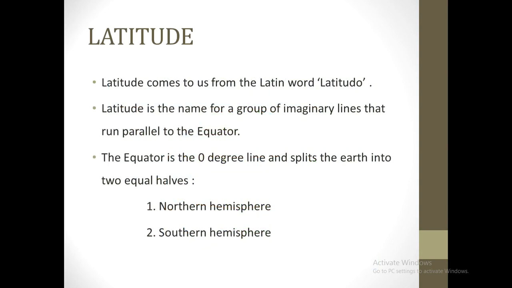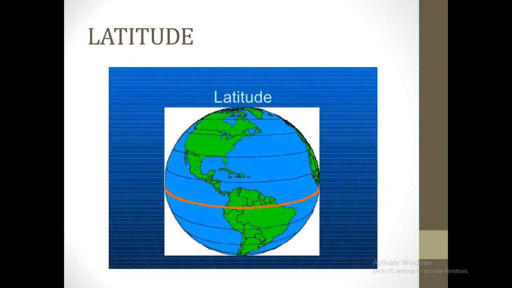Latitude comes to us from the Latin word latitudo, meaning width. These lines show us the width of the map or globe. The horizontal circles drawn parallel to the equator at 1 degree intervals are known as latitudes.